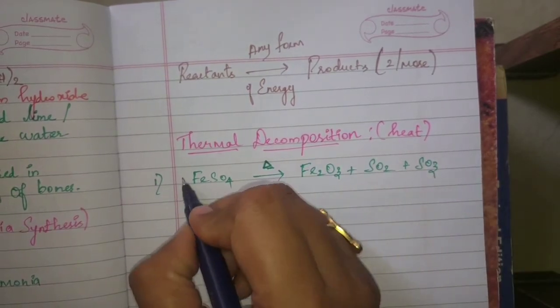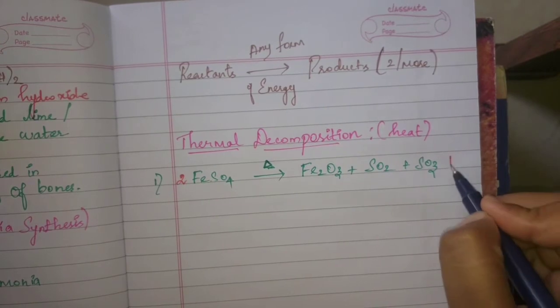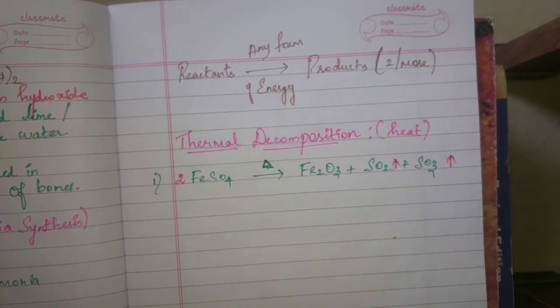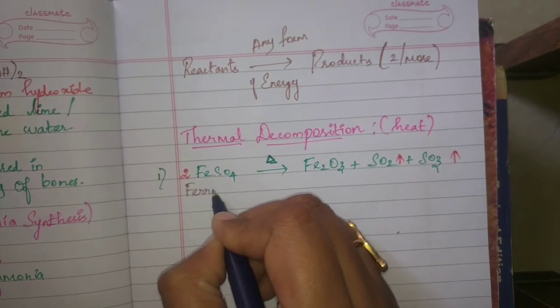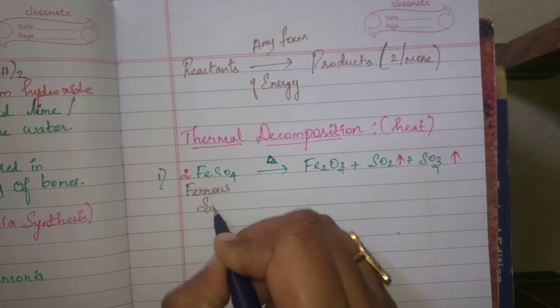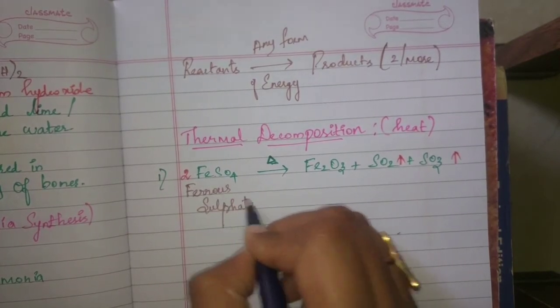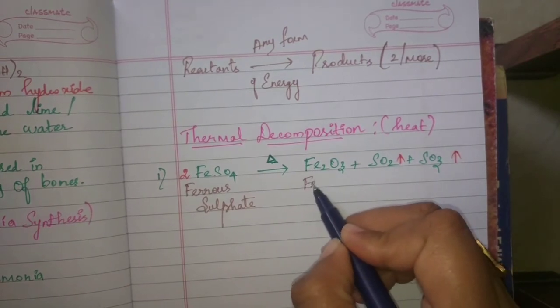To balance this reaction, these two are gases. Whenever you are writing this equation, students, practice writing the equation first, then the color of the substance, and the name. Clear? So what is it? Ferrous sulfate. What is this? Ferric oxide.